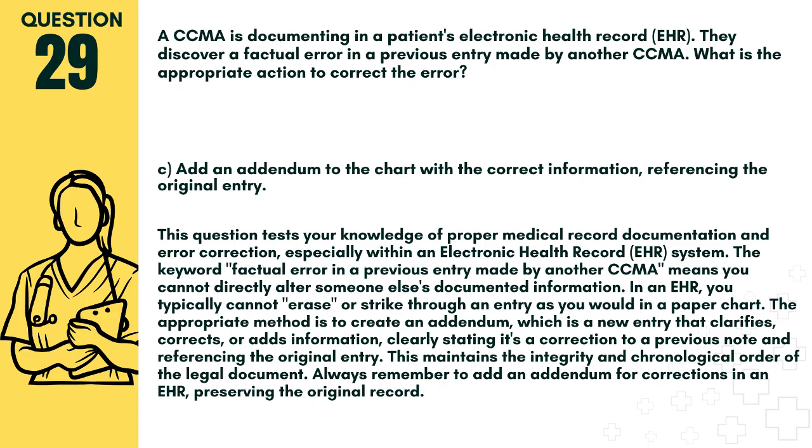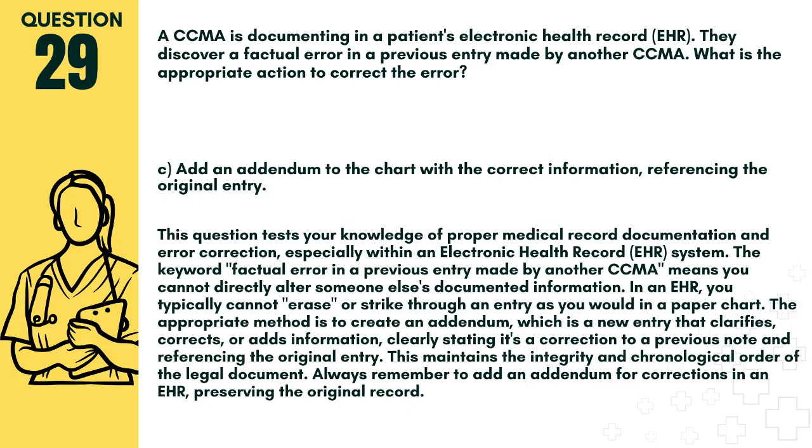This question tests your knowledge of proper medical record documentation and error correction, especially within an electronic health record (EHR) system. The keyword factual error in a previous entry made by another CCMA means you cannot directly alter someone else's documented information. In an EHR, you typically cannot erase or strike through an entry as you would in a paper chart.